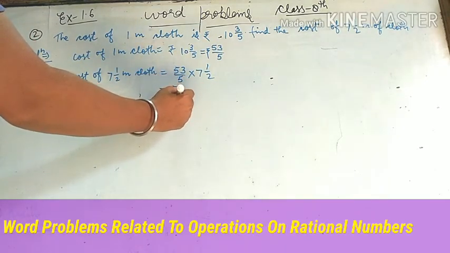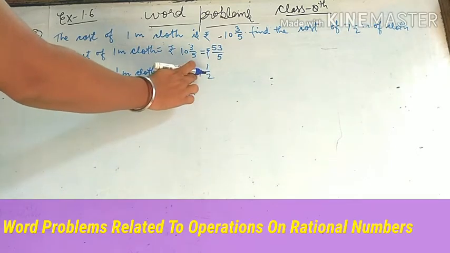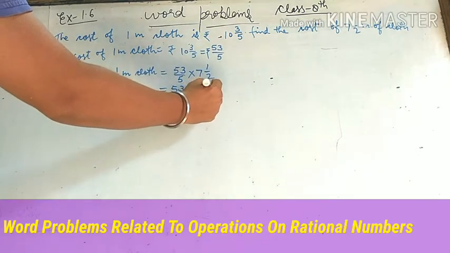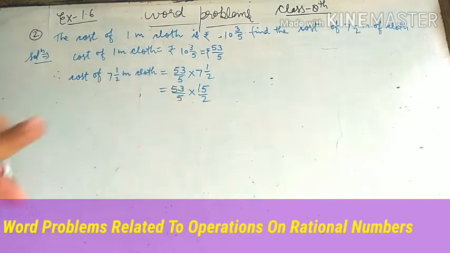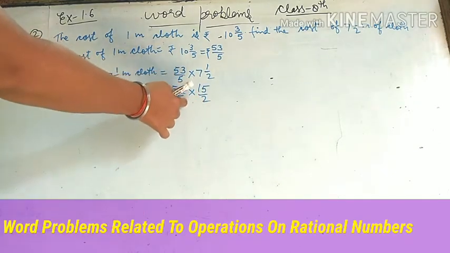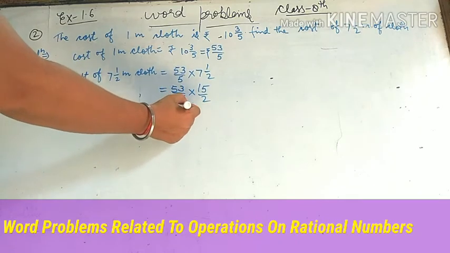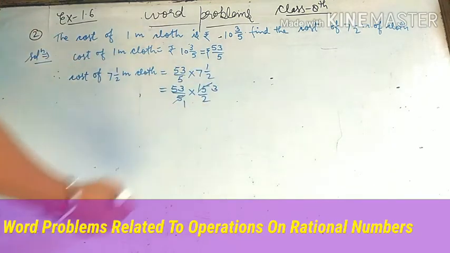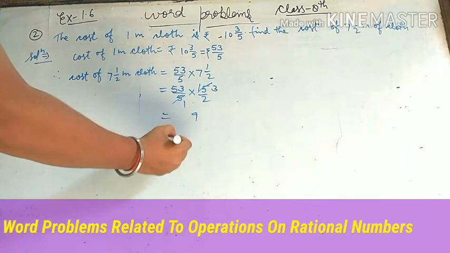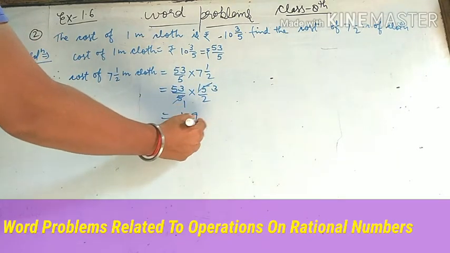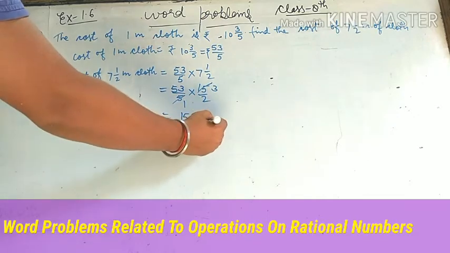Now convert into improper fraction. 7 twos are 14, plus 1, 15 upon 2. You can see 2 and 53 will not simplify with each other, but 5 and 15 will be simplified. 5 ones are 5, 5 threes are 15. So 53 times 3 is 159 upon 2.